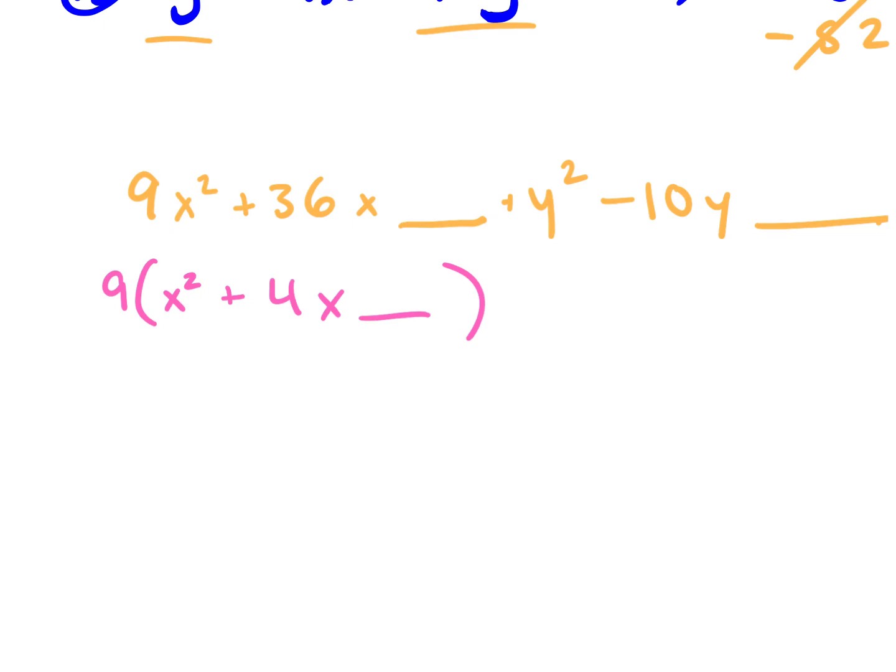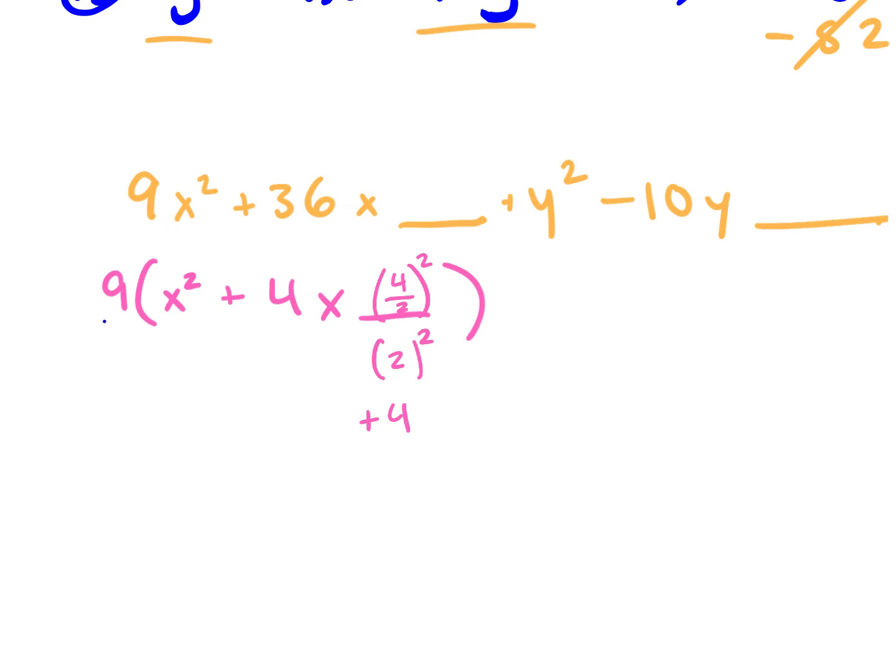So in here, I have b over 2 squared. What's my b now? So 4 over 2 squared. 4 over 2 is 2, so 2 squared would be 4. Awesome.